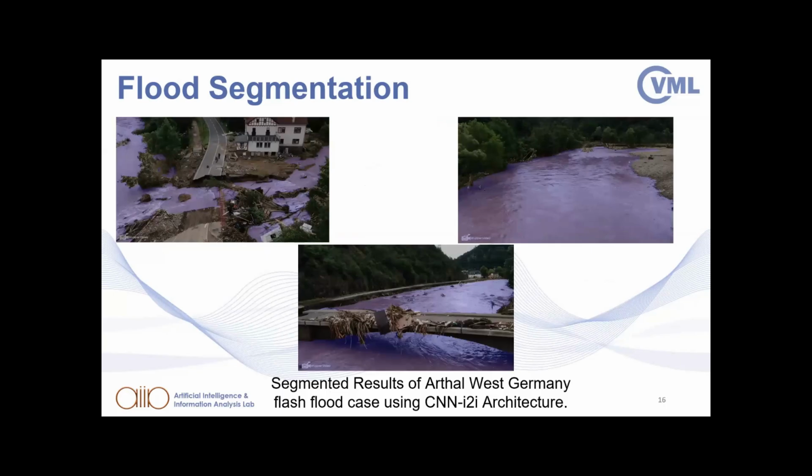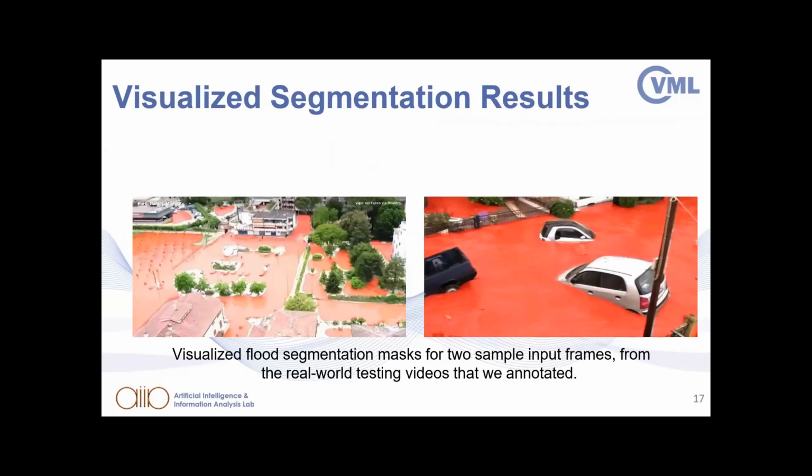This is for the Ahrtal case in Western Germany, and the purple areas here represent the flooded regions, as predicted by the previous model that we used, which was the CNN image to image. And the results are pretty good. And one more example here, with the red being the flooded regions.